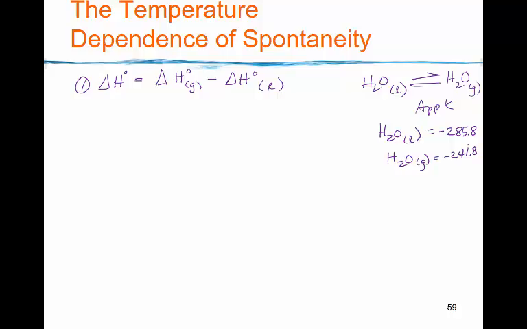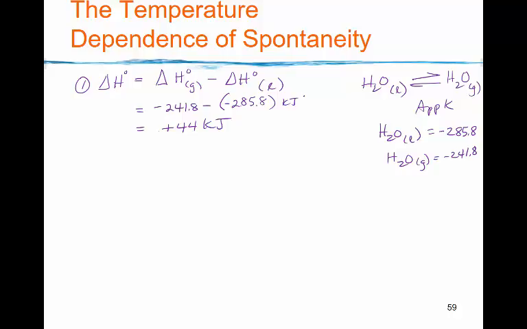You've got to look really hard, especially when they're the same thing. So you have a minus 241.8 minus a negative 285.8. When I do those, I get a positive 44 kilojoules, because those were all kilojoules. So I've got a positive 44 kilojoules for my delta H.